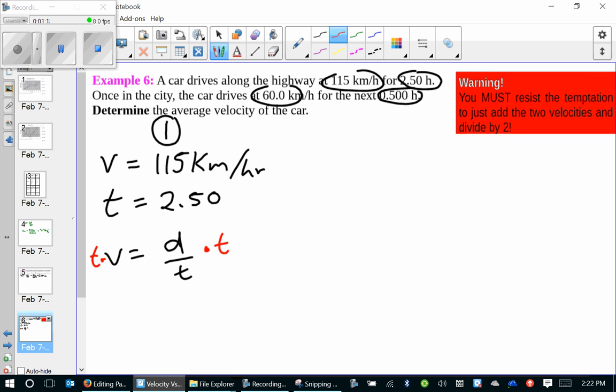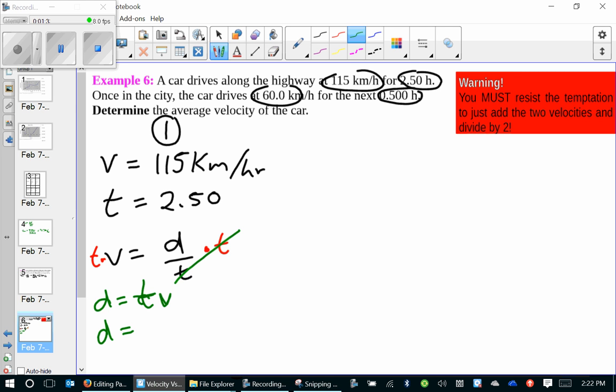Okay, so now I have displacement. Actually, I'll show these steps. Time divided by time cancels out. So I have displacement equals velocity times time. That is just another way to write this equation. Sorry, TV or VT, either way.